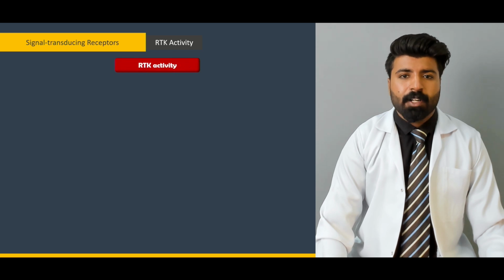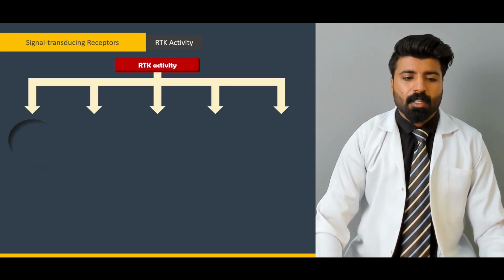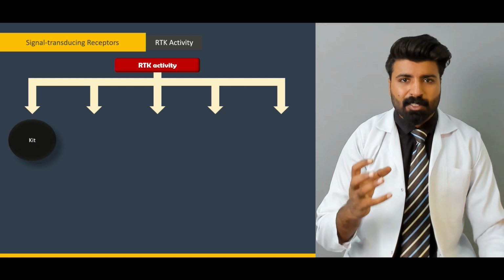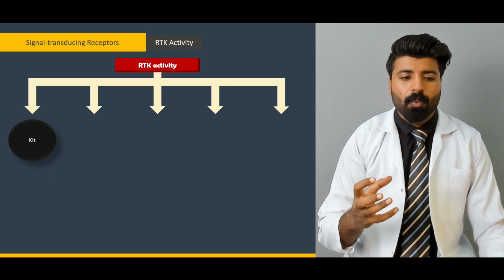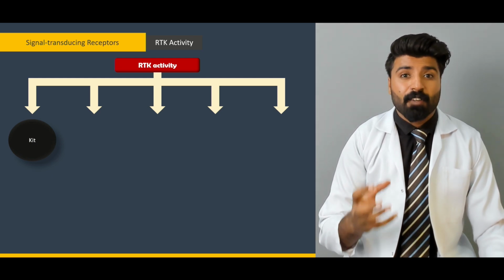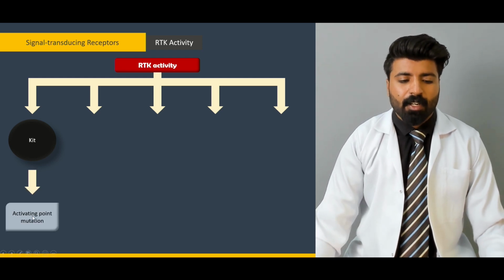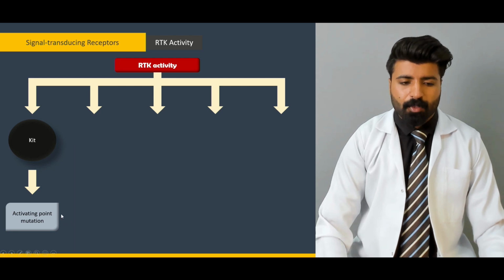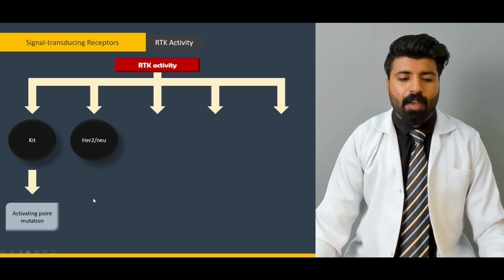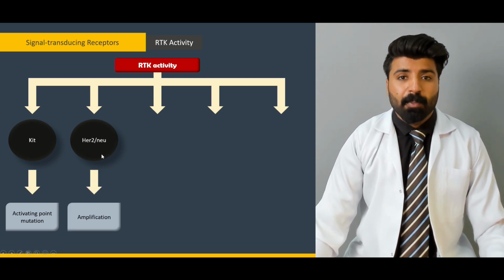So what's the RTK activity? The point is, of these receptors we have studied, how will we know which of them are functioning properly? We have KIT, the function of which is activating point mutation. Next, we have HER2 or neu receptors, the function of which will be amplification.